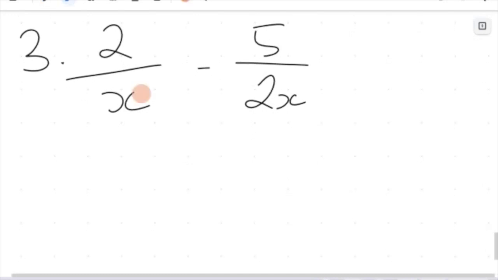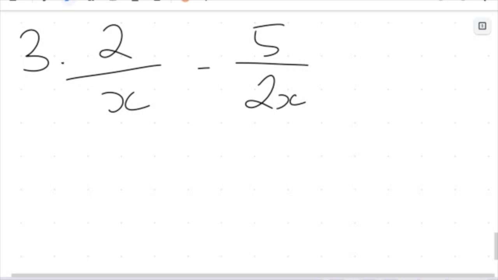Okay, now in this case, we have x and 2x. We don't have numerical denominators anymore. We have algebraic ones. How can we do this? Well, even though we don't know what x is, we can still find the lowest common denominator.